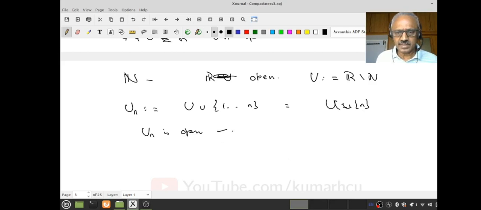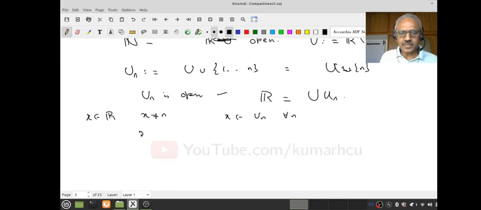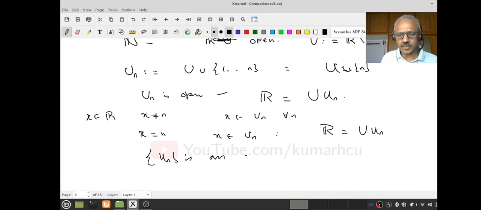Is this clear? Now is it also clear R equals the union of U_n? Suppose x is in R, x is not a natural number, then x belongs to U_n for all n. And if x equals n, then x belongs to U_n. Therefore R is the union of U_n, therefore U_n is an open cover.